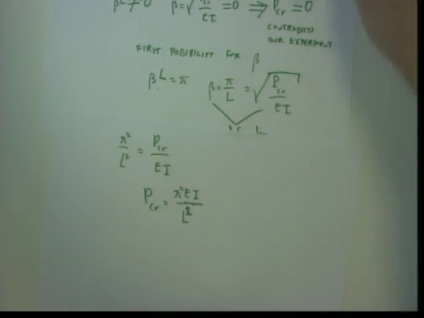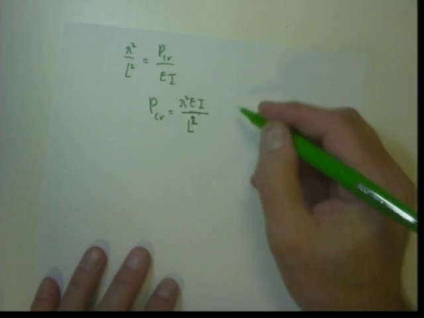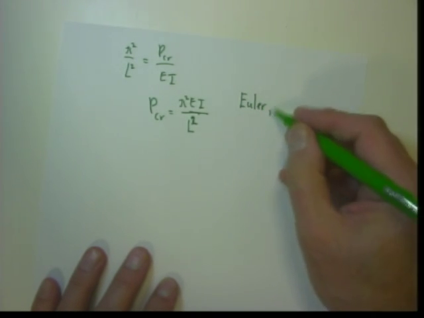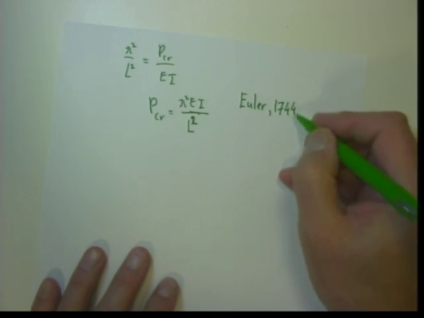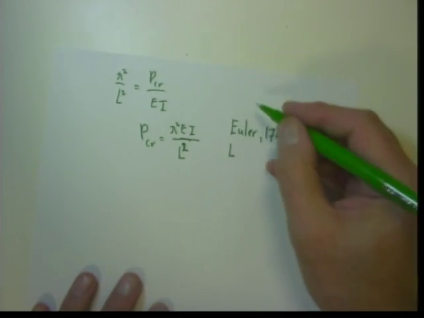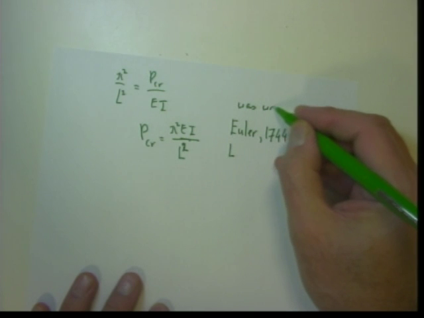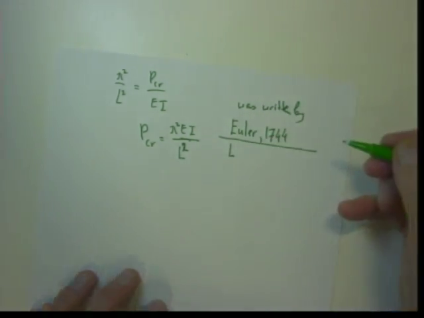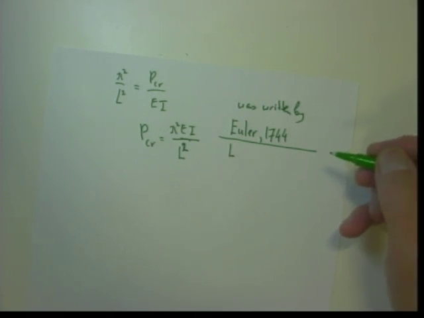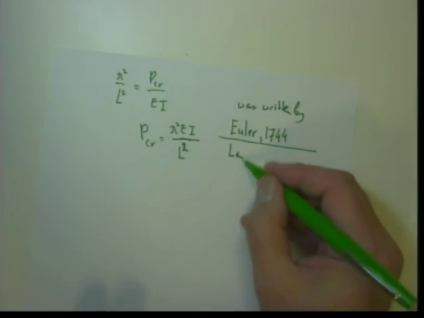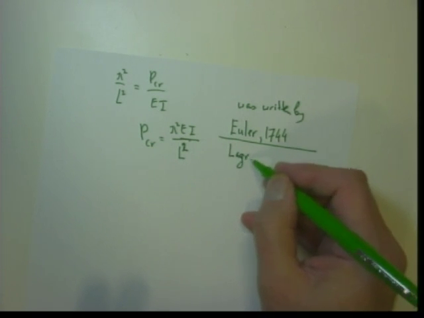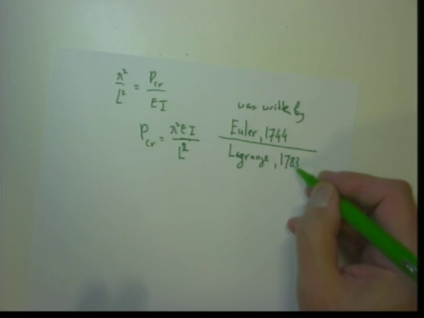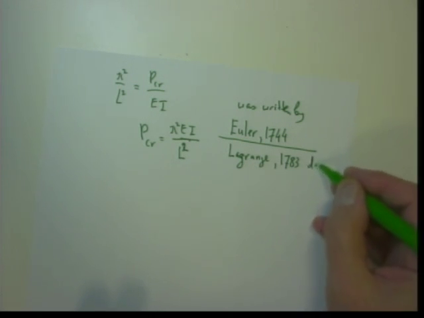So this formula was written by Euler in 1744. He did not derive it, he just wrote the formula. And by Lagrange in 1783, who gave a derivation.